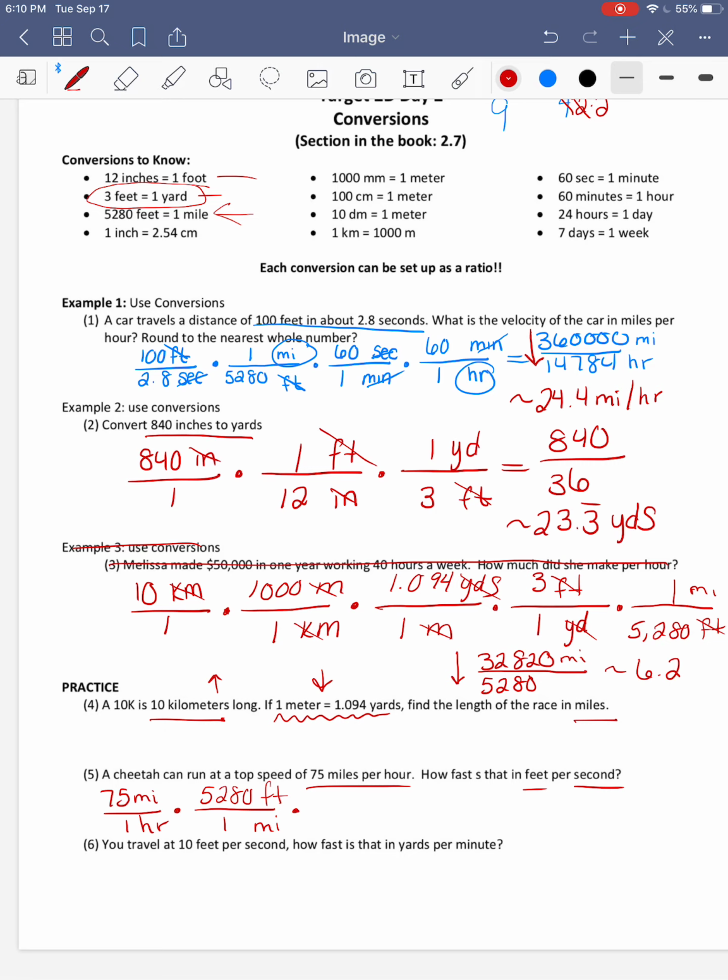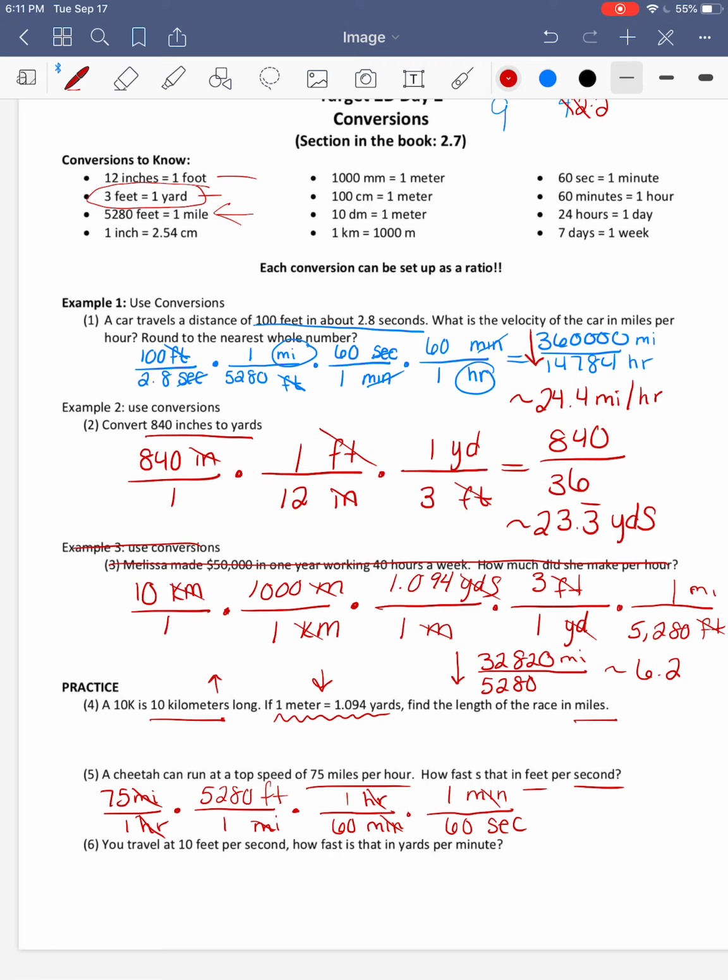Now I want to cancel out the hours. So what do I know about 1 hour? Well, I know that there's 60 minutes in an hour, but minutes are not what I want. I want seconds. So that means I need to cancel out minutes. So I have 1 minute up here. There are 60 seconds. So now I've canceled out miles, have feet, canceled out hour, then I got minute, but then I cancel out minutes and now I have seconds.